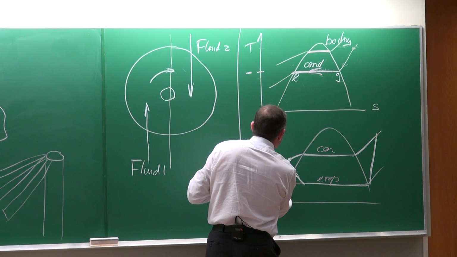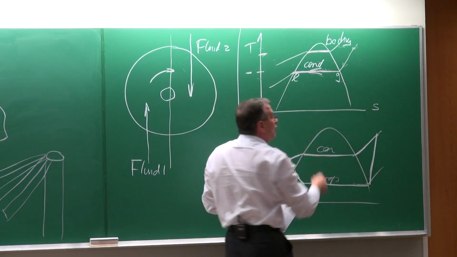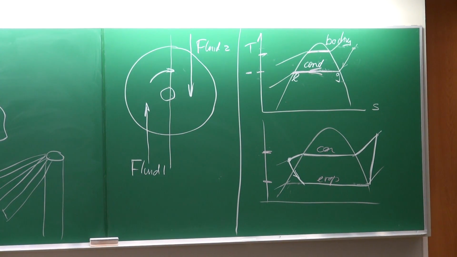However, what is important is during those two processes, and during the process of boiling, the temperature remains constant. And if you can get the temperature of your heat exchanger to remain constant, you always have a very effective type of heat exchanger.